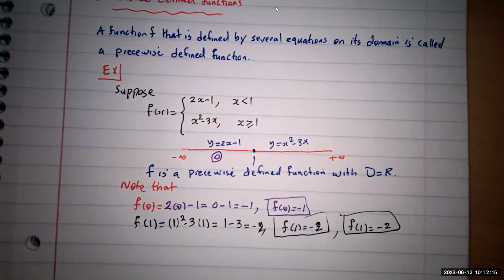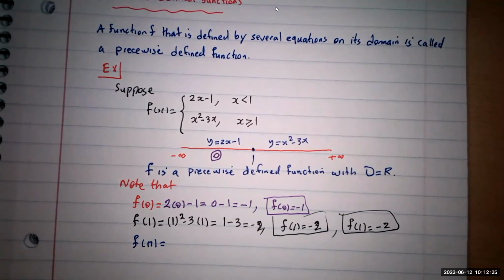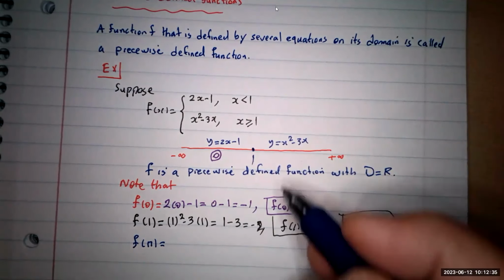How about, for example, f of pi? Which part are you going to use for this one, the first part or the second part? The second, very good. Pi is 3.14, so we're using the second part.